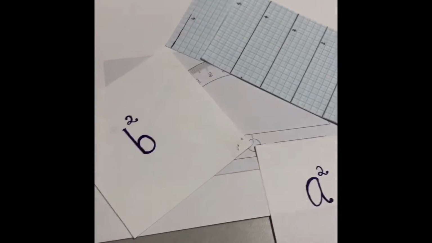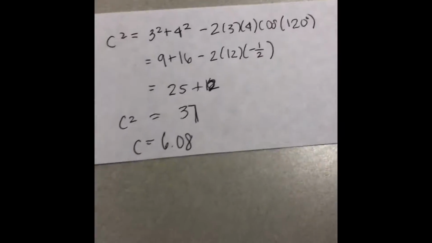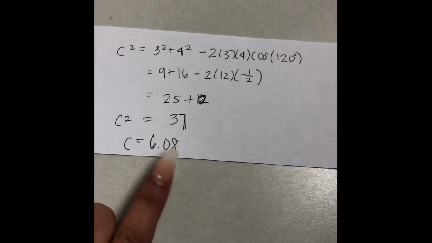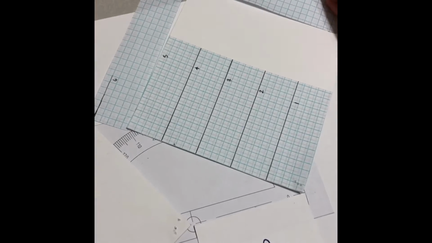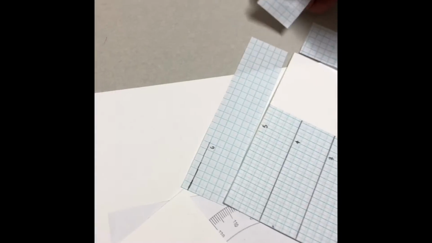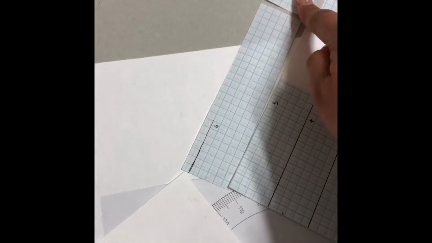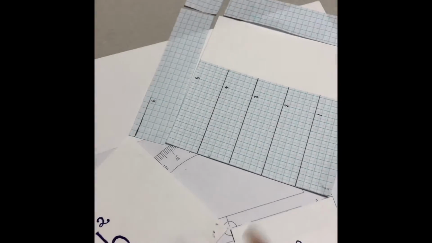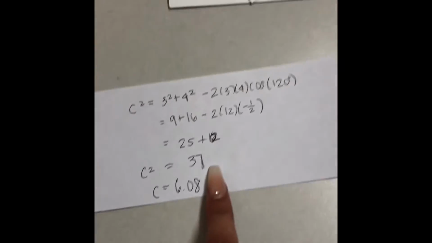And then when we do the math, c is 6.08. If we want to complete the square, we just add the other side and complete the square to get 6.08 squared, which is 37. So that has an area of 37.